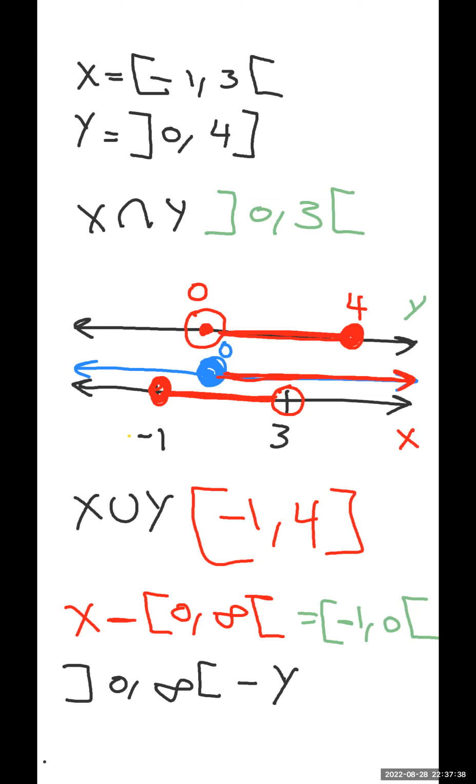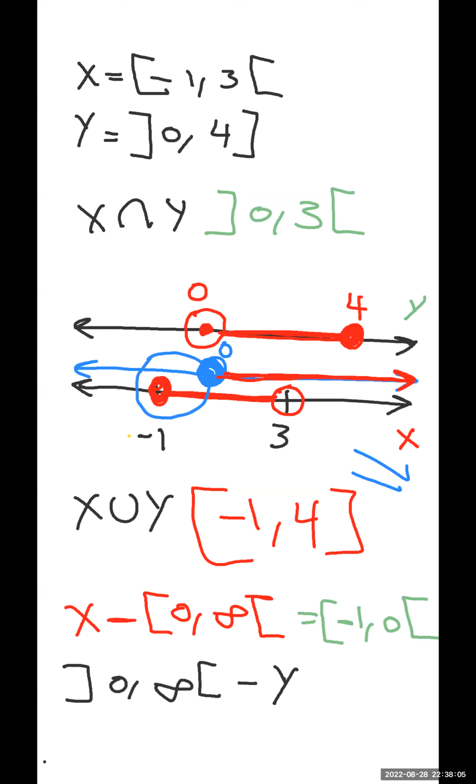I'm sorry, but can you repeat the X difference 0 and infinity? Okay. Where is X? It's this one. Where are 0 and infinity? The other number line. Get me the difference. What are the elements inside X, not in that interval, this area, right?